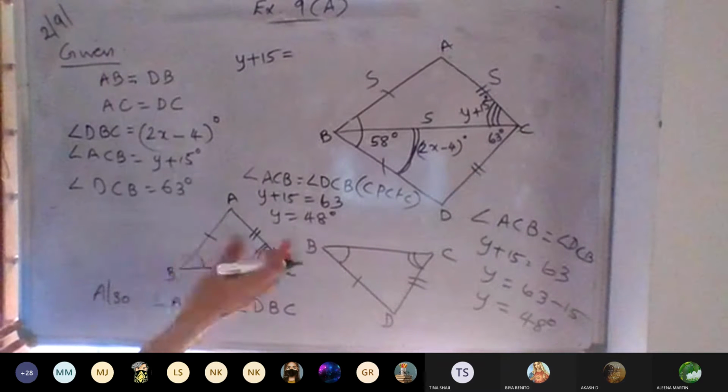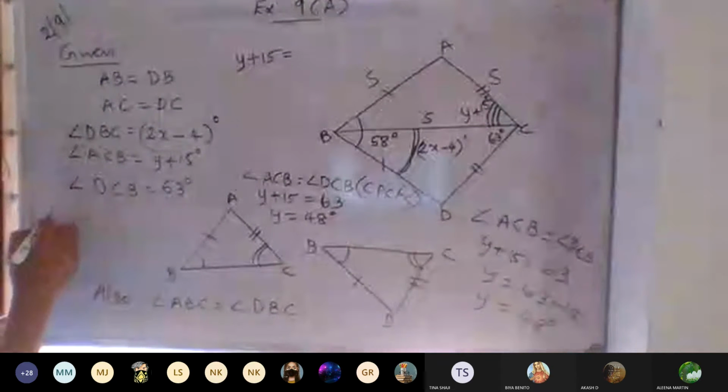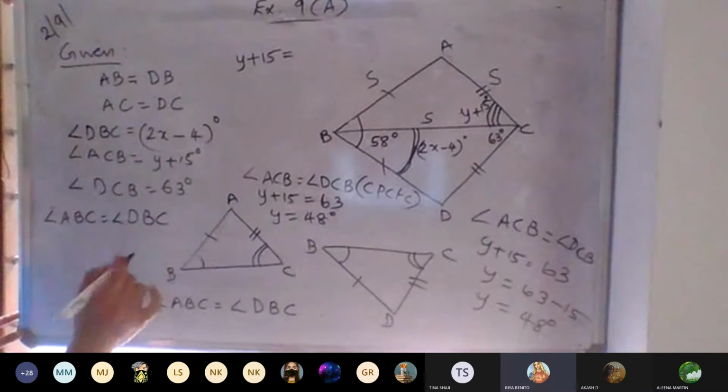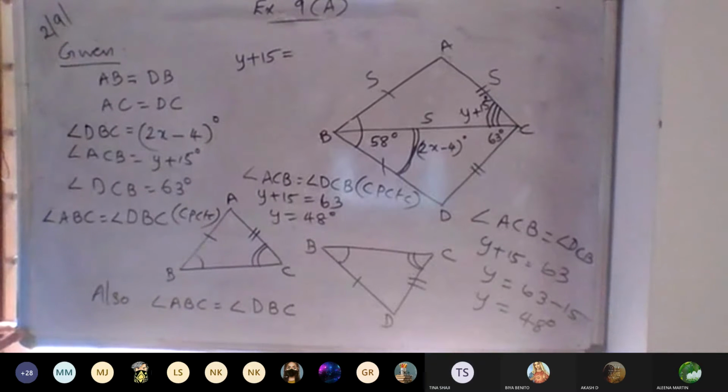Also, since CBCDC, no. Also, we can write angle ABC as angle DBC. That also, CPCTC, corresponding parts of congruent triangles are congruent. But we have what? Angle DBC is what?